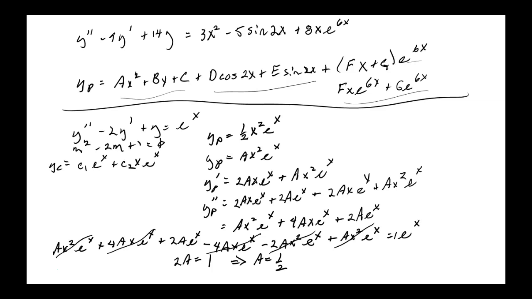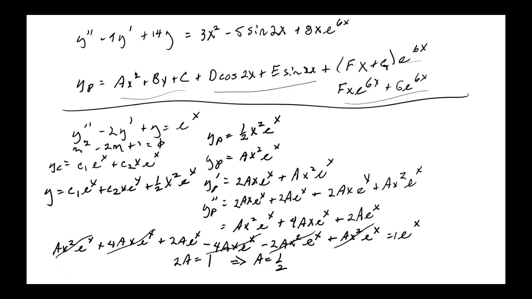So our general solution, I'll take it one more step, y is equal to c1 e to the x plus c2 x e to the x plus 1/2 x squared e to the x. Done. They didn't go that far, but I did.